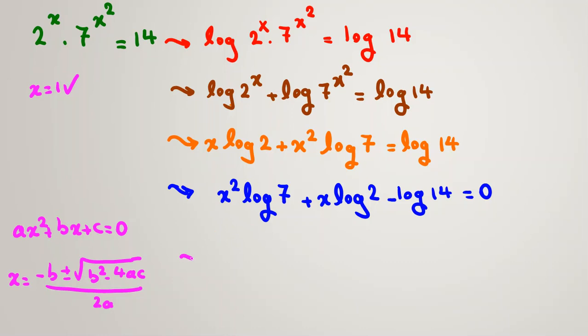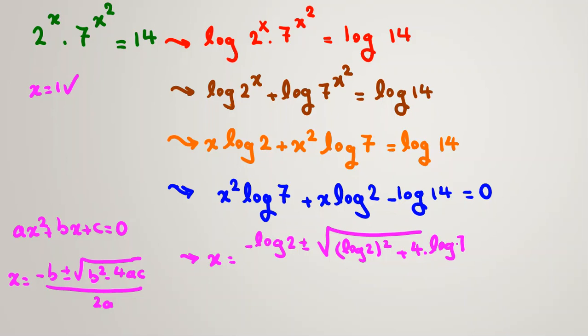So let's apply it here. x will be negative b, negative log 2 here, plus minus the square root of b squared, which is log 2 squared, minus 4ac, which is plus, because minus minus will be plus, so I write plus 4 times log 7 times log 14.